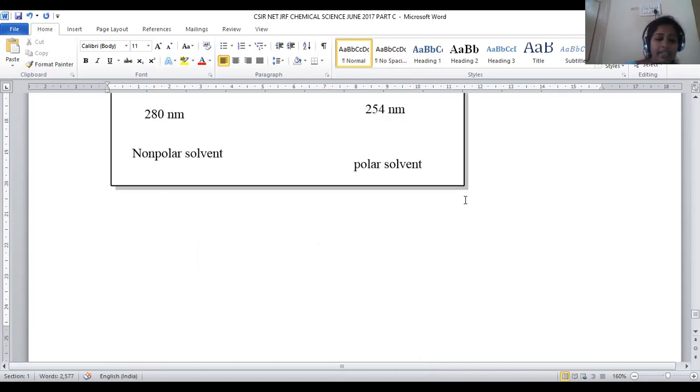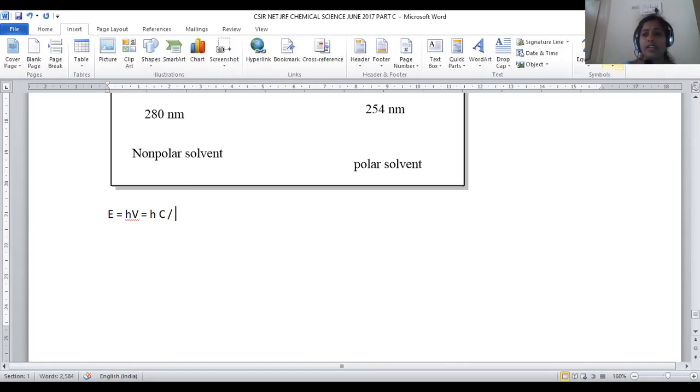Then what is the relation between energy and wavelength? E is equal to h nu, nothing but hc by lambda. Energy is inversely proportional to the lambda value.